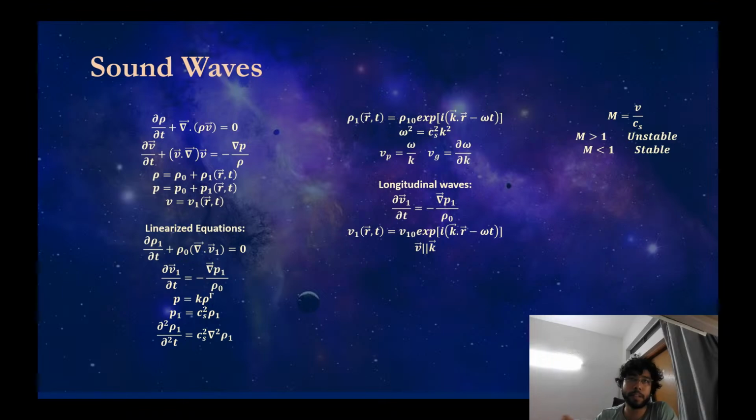You can just think of water in a container or something, and then you give a velocity perturbation to it, right? So now, if we put rho equals rho naught plus rho one in this equation, and v equals v1 in this equation, this will reduce down to this. Okay.